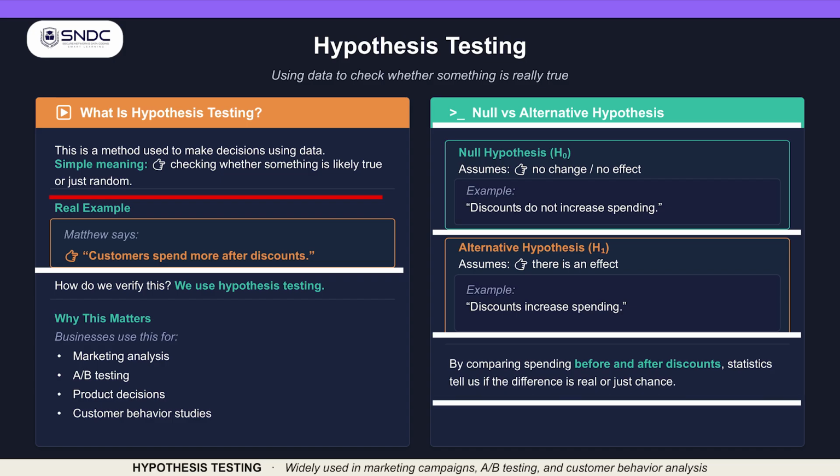By comparing customer spending before and after discounts, we can use statistics to determine whether the observed difference is likely real or simply happened by chance. This process is widely used in marketing campaigns, A/B testing, product improvements, and customer behavior analysis.